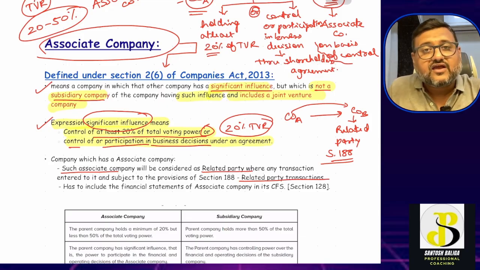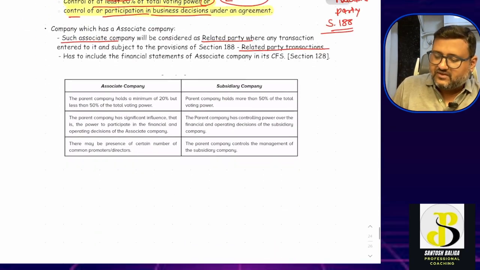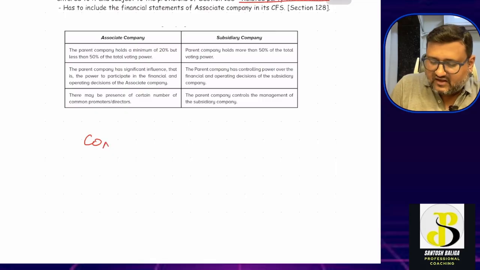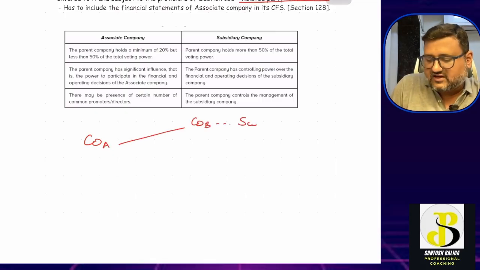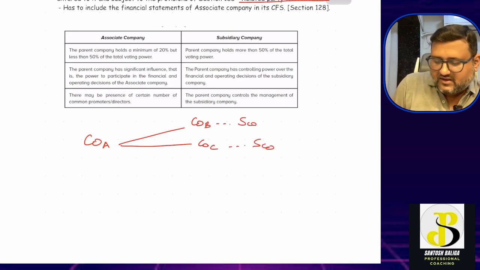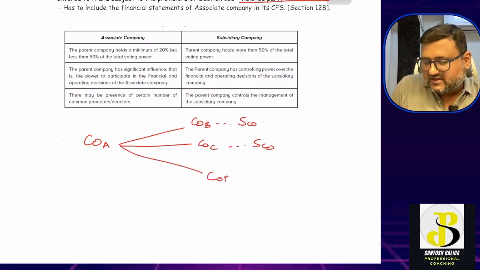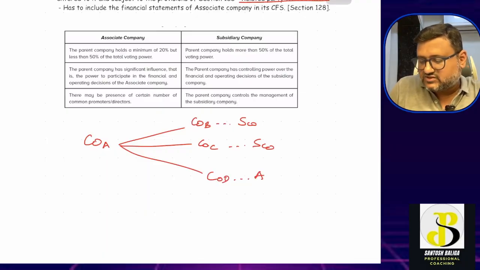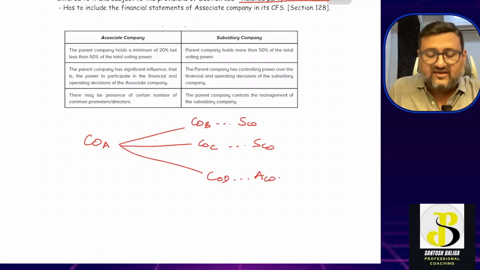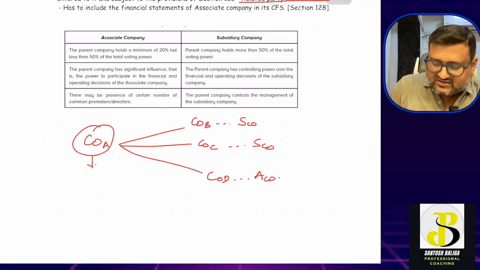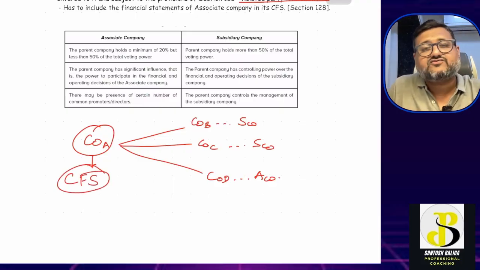Second is, say a company A has company B as its subsidiary company, company C as its subsidiary company, and it has company D as its associate company. So in that case, company A's financial statement has to be a consolidated financial statement. Which financial statement? Consolidated financial statement.